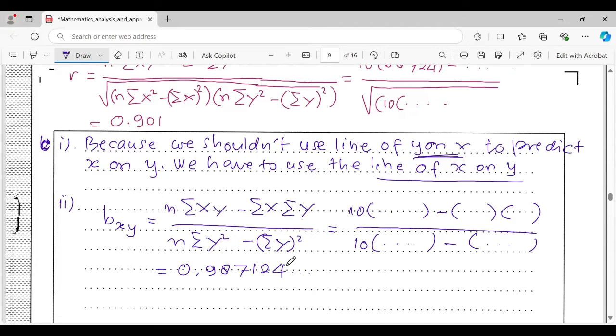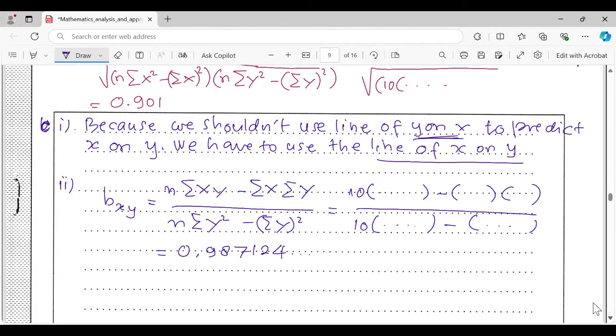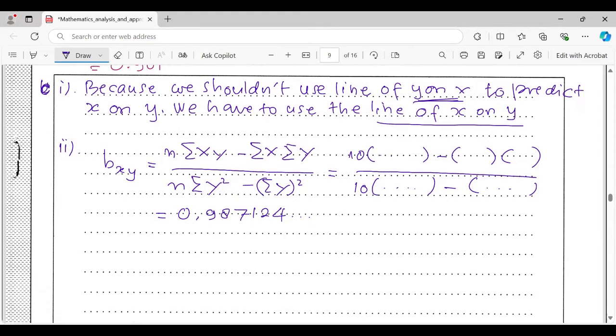0.98724, not 24, sorry. So this is the result of bxy, and now I would like to show you how we find x based on the regression line y on x.